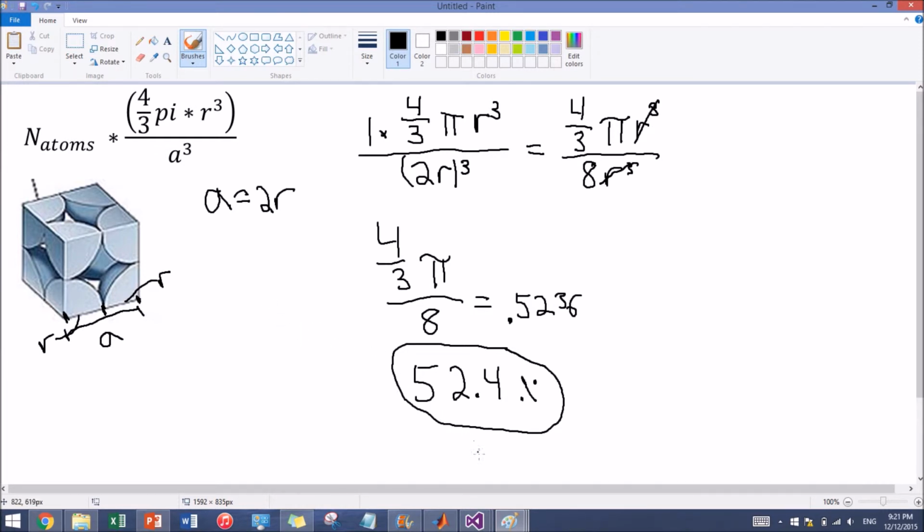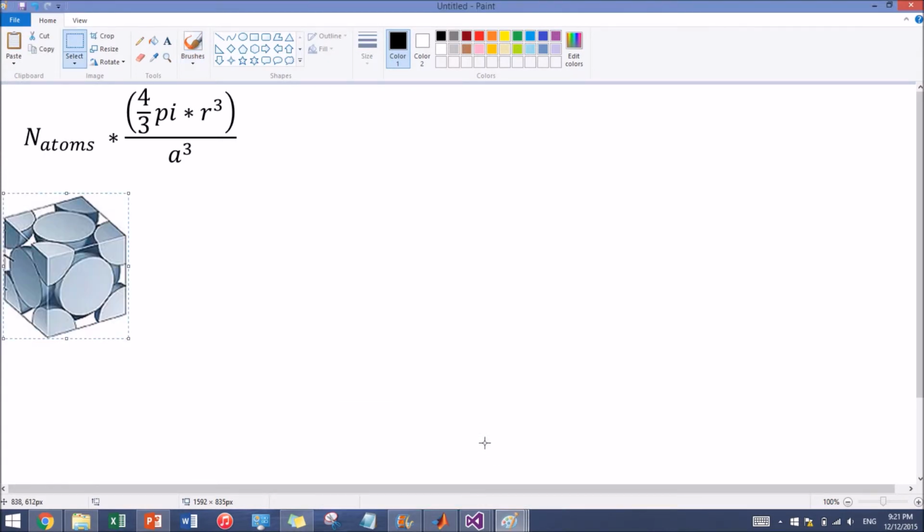So that's it. Now that we solved for simple cubic, let's move on to face-centered cubic. So again, we have a side length A. This one's going to be a little trickier, but if we work through this together, if we look from this corner to this corner, let's draw a line straight diagonally down.